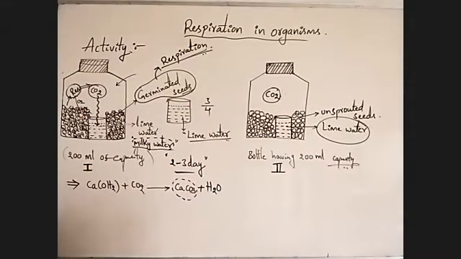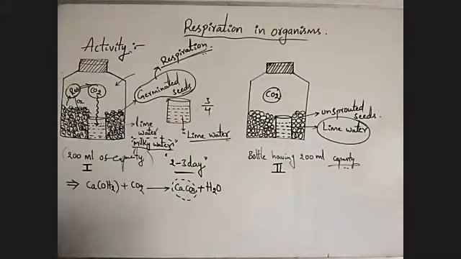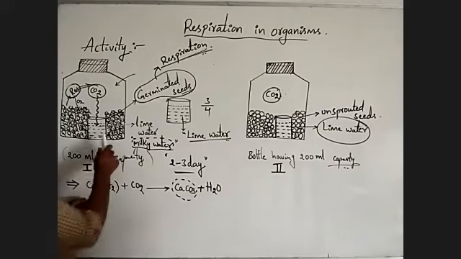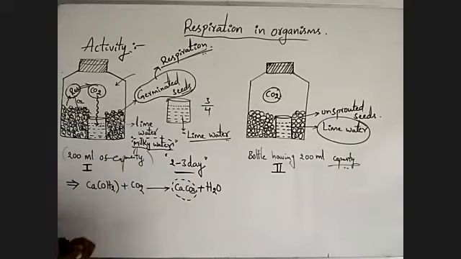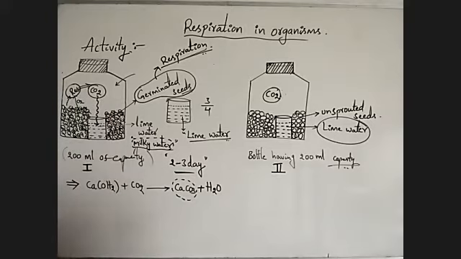Means during the respiration process, carbon dioxide is released. By doing this activity, we can say that during the respiration, carbon dioxide gas is released. Okay, this is an important activity.